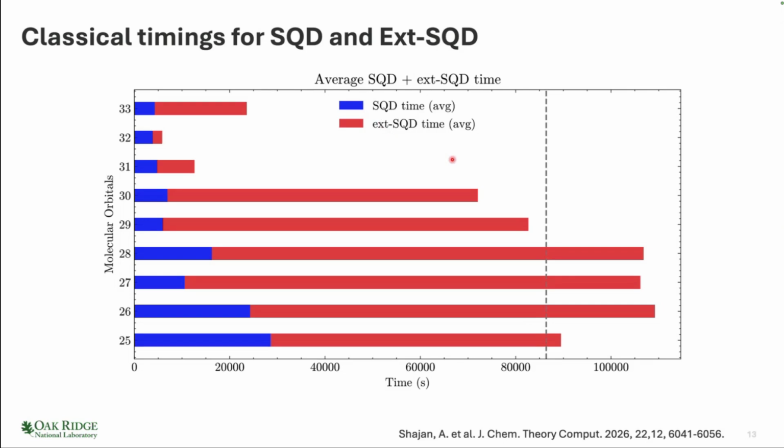But again, if we look at the distribution of fragments, this might initially shock you because the largest molecular orbital cases are taking the least amount of time. But this is over all of the different fragments, and there are more fragments in this 25 to 30 molecular orbital range than there are in this 31 to 33 range. So that's why performing all of these takes more time in that range.